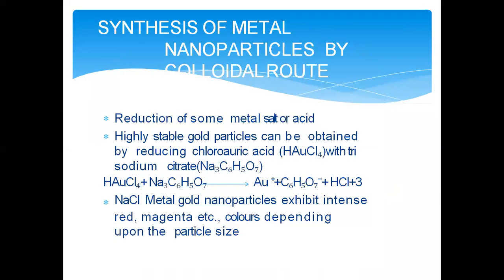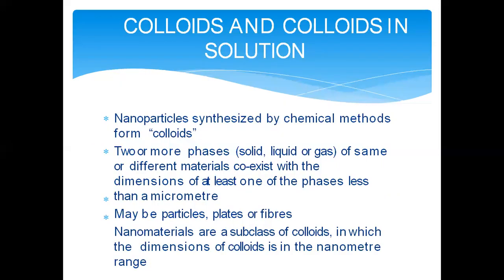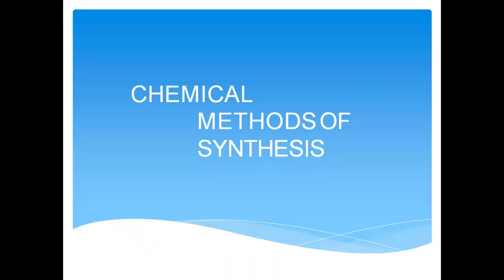The chemical method. In the chemical method we generally have the sol gel method, which is generally used for the preparation of nanoparticles. In the sol gel method, the colloidal state of the solution, or a heterogeneous state of solution, is mainly used.